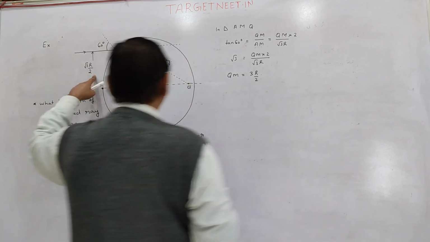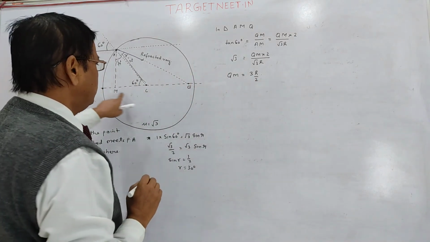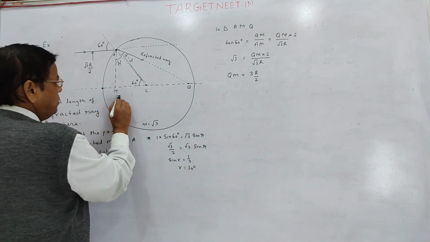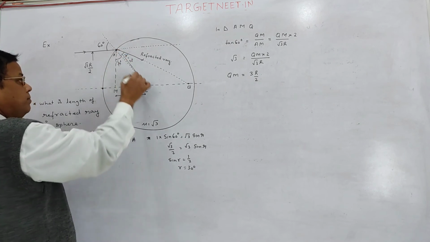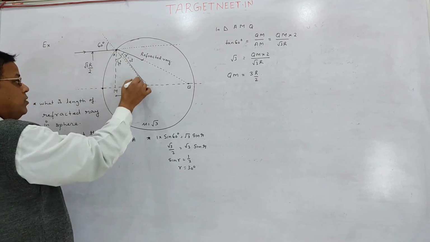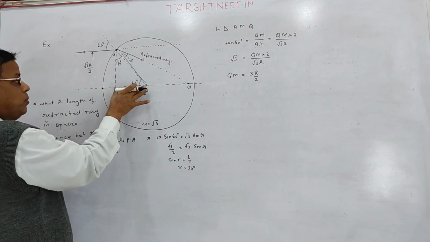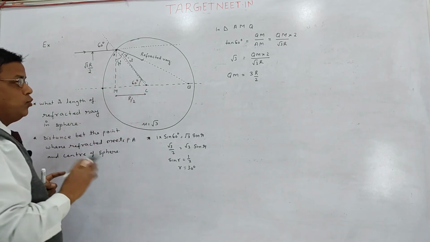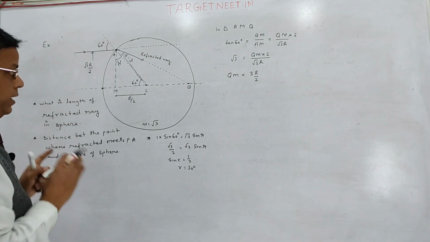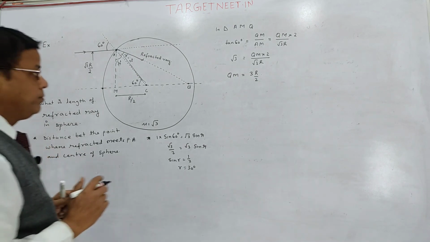Now QM is known to us. What is this distance? This is R and this is 60 degree. So this will be R cos 60, that is R by 2. So CM is R by 2.